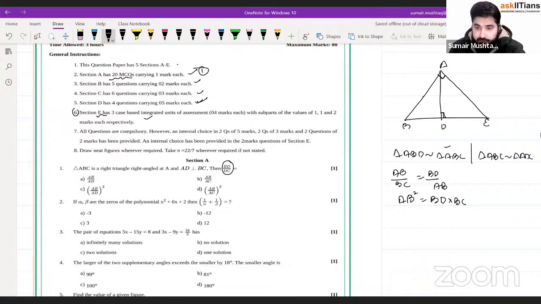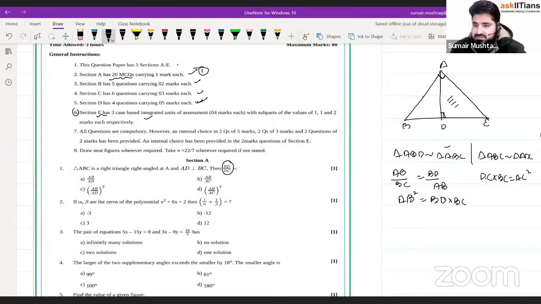Now if we go for this triangle, ABC is similar to triangle ADC. That means we can directly apply that DC cross BC is equal to AC whole square, after going for the similarity property. Now divide these two because I need BD over DC.